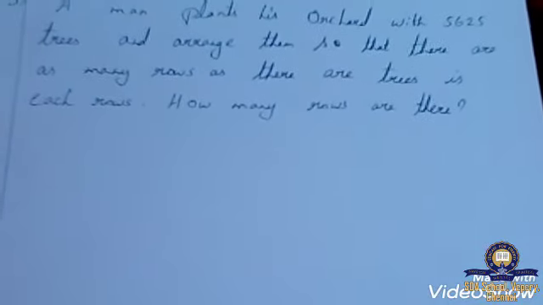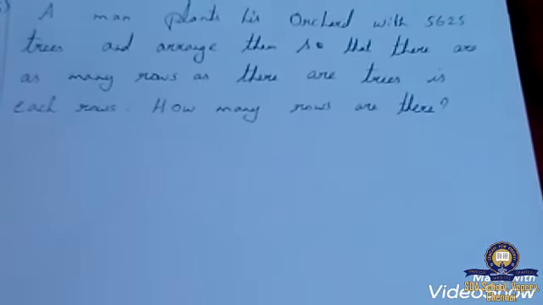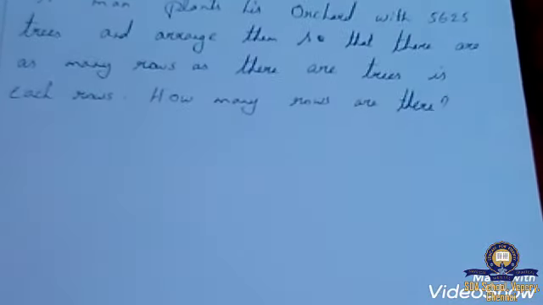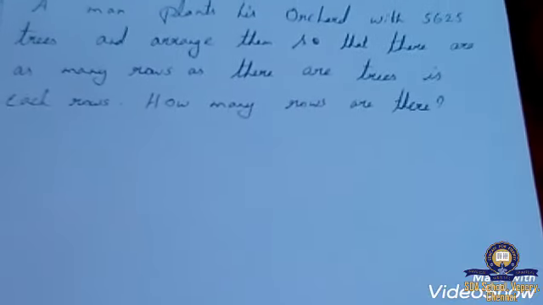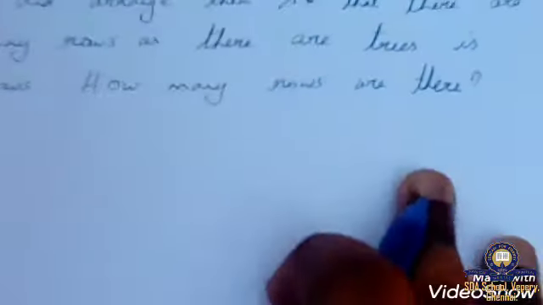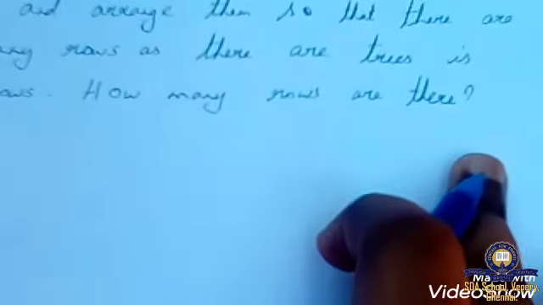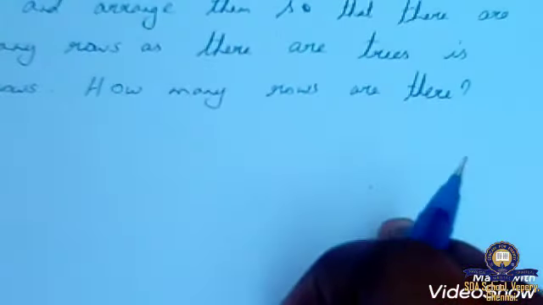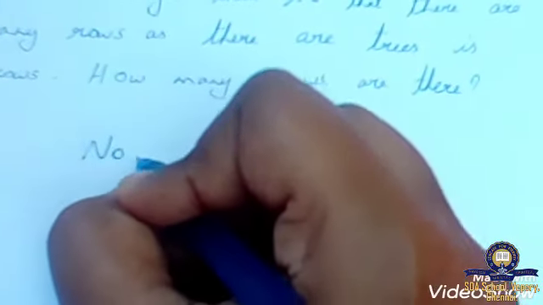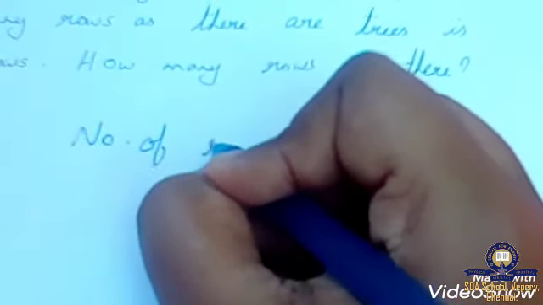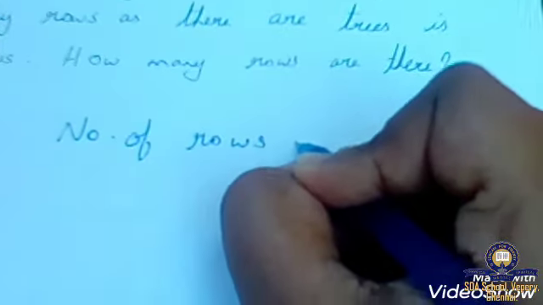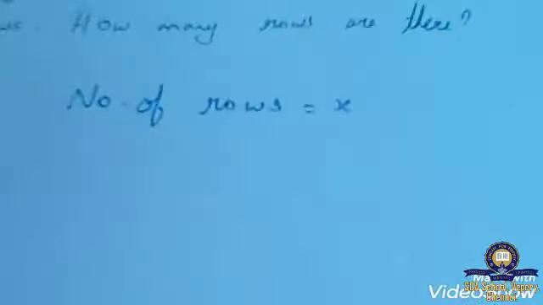So now, according to this question, we're going to find how many rows there are. To find this, let me consider the number of rows as x. So the number of rows is equal to x.